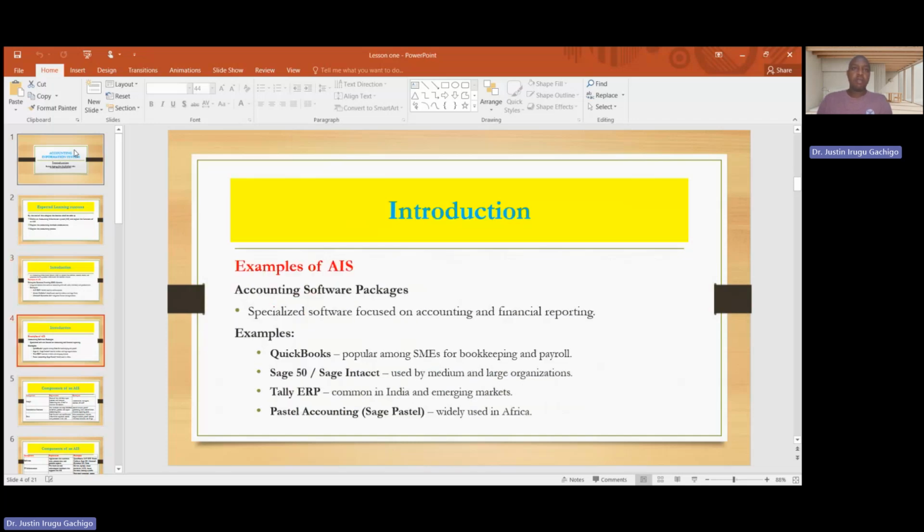Continuing with the examples, we have accounting software packages, which are specialized software focused on accounting and financial reporting. Examples of these are QuickBooks, Sage, Tally, and Pastel. These are basically used by small and medium enterprises.